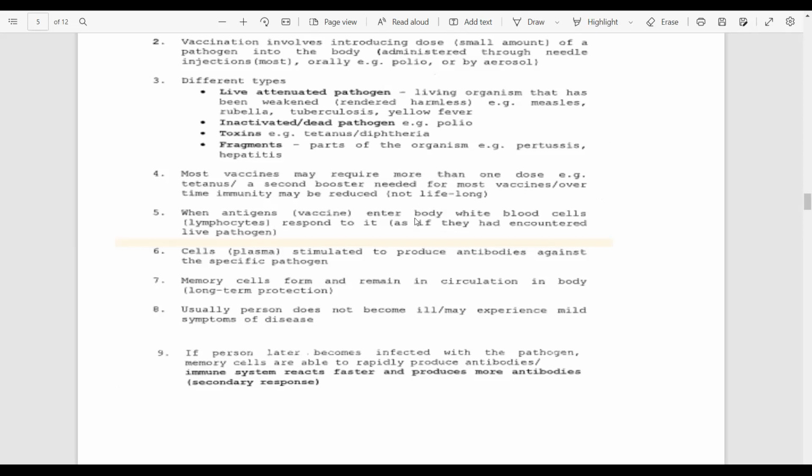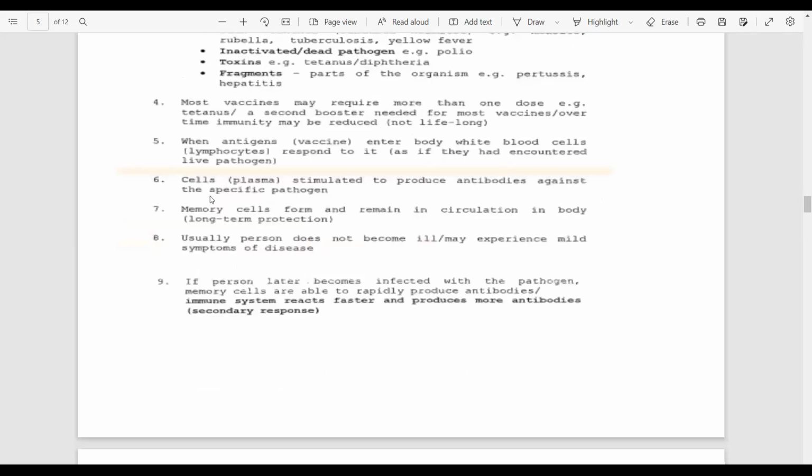When antigens enter the body, the white blood cells, lymphocytes, will respond to it as if they had encountered the live pathogen. So plasma cells will be stimulated to produce antibodies against the specific antigen, and memory cells would also be formed, remaining in the circulation in the body for long-term protection. Usually the person does not become ill or experiences only mild symptoms of disease if they encounter the pathogen at a later time.